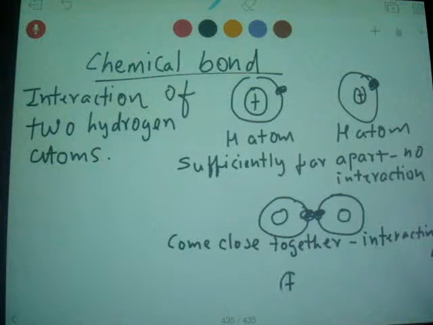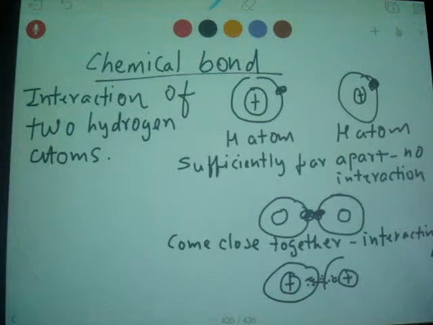Let's say this is the plus nucleus of one hydrogen, and you see more electron density between those hydrogen atoms.